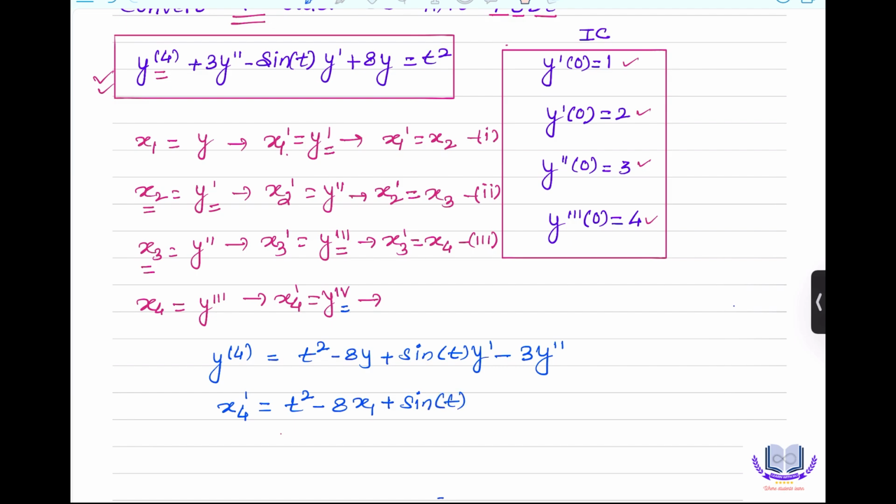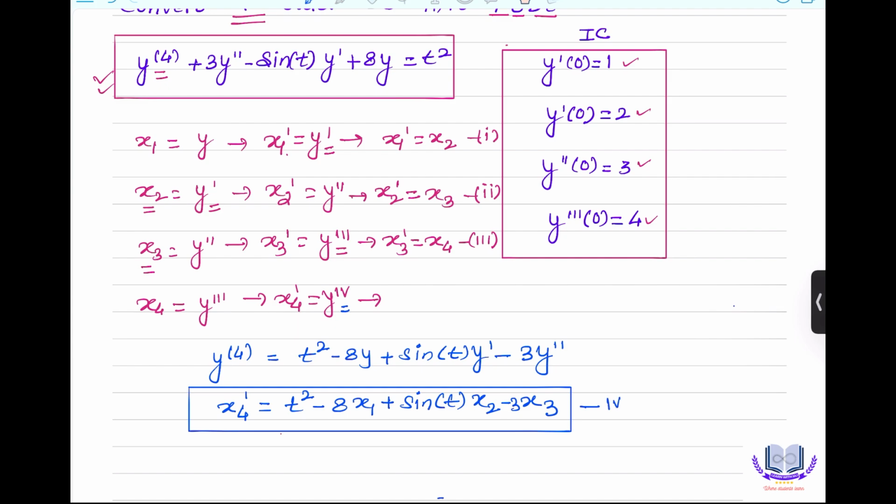What is y dash? y dash is x2. So we will write here x2, minus 3y double dash, and y double dash is x3, so 3 times x3. So this is what our fourth equation is. Okay, this is our fourth equation.